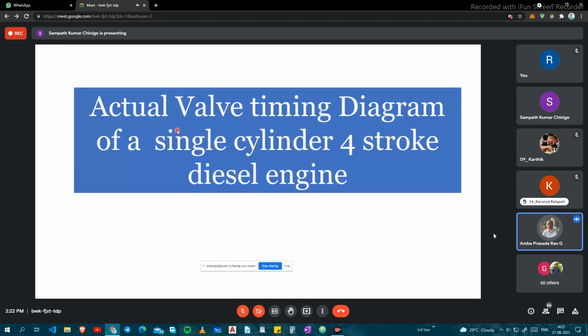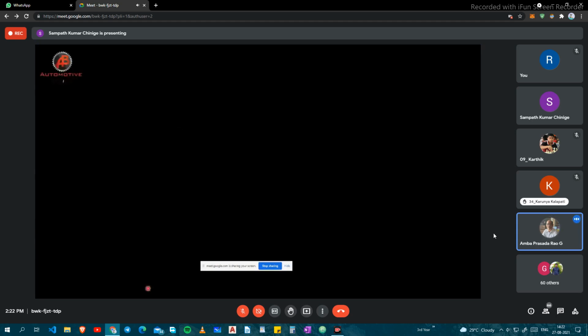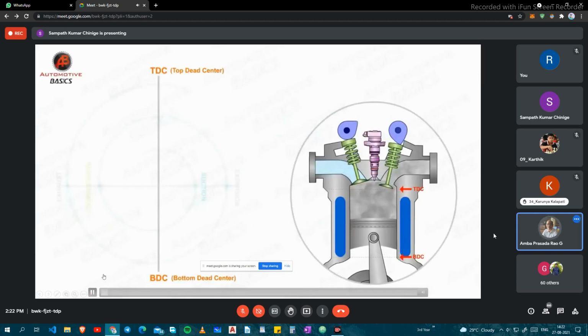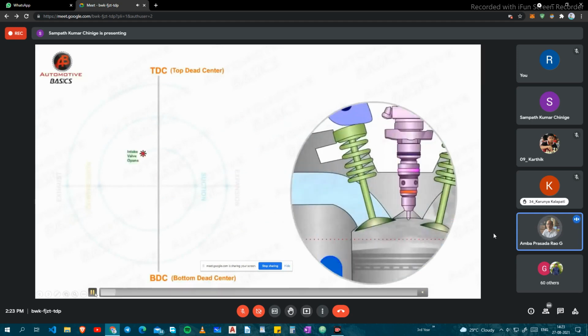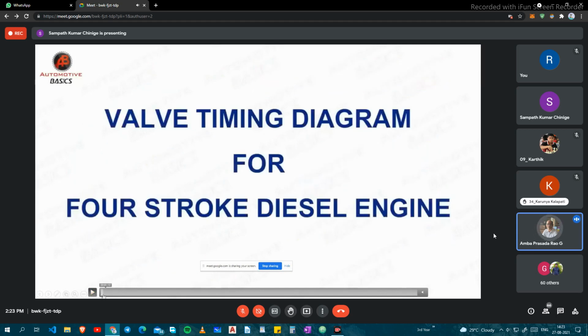So many crank angles. But in the actual case, you are not only supplying air, and you are not adding heat from an external source. It is the fuel which takes care of the heat release upon combustion. And we are working with components which have their own inertia of rest and inertia of motion, so we have to provide for their movements also.